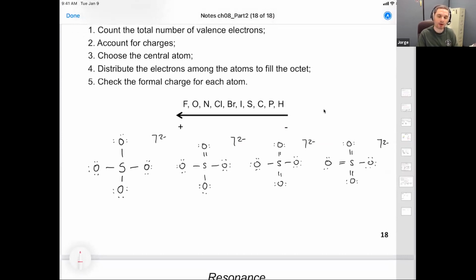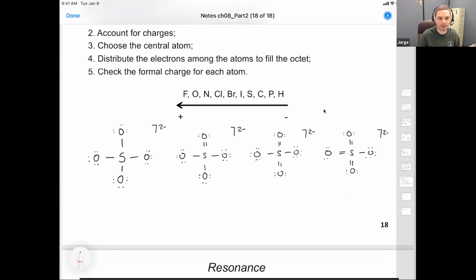So let's calculate the formal charge for all the atoms in all the 4 possibilities, and that will help us to decide which one is the one that contributes the most. Which structure is the one that is the most probable to exist. So let's start here on the left side.